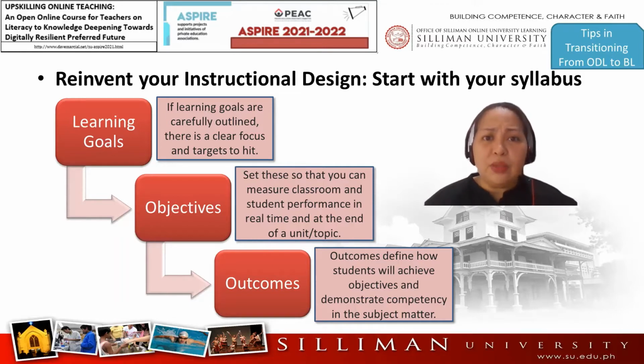As we start restructuring, let us begin with the end in mind. There is a need to specify through our goals, objectives, and outcomes what knowledge and skills a successful learner in blended learning can possess at the end of the lesson or course.